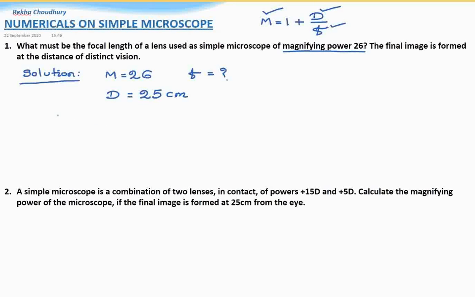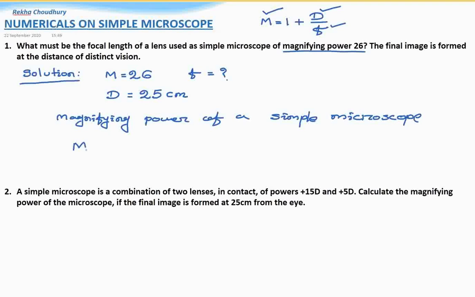So magnifying power of a simple microscope m is equal to 1 plus d by f.